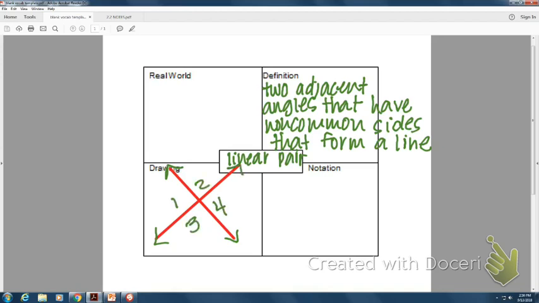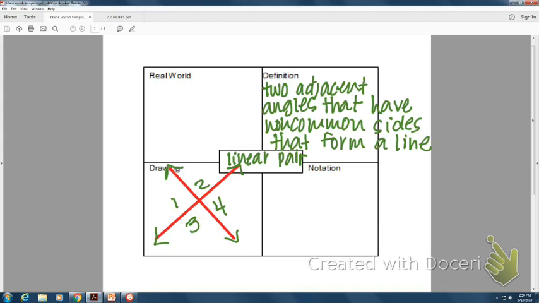What it means by non-common sides: you have adjacent angles, so you know that they have to be next to each other and share a common side, but then the two non-common sides form a straight line. So you have your common side that makes it adjacent, and then two non-common sides that form that straight line. So what is an example of a linear pair in this diagram?